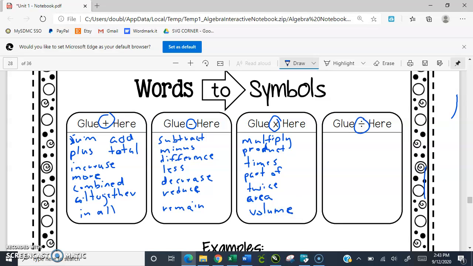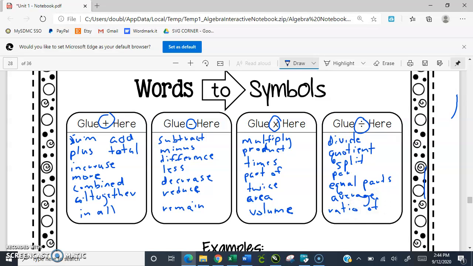All right, and when you're dividing, you hear the words divide, quotient, split, per, equal parts, average, and ratio of.